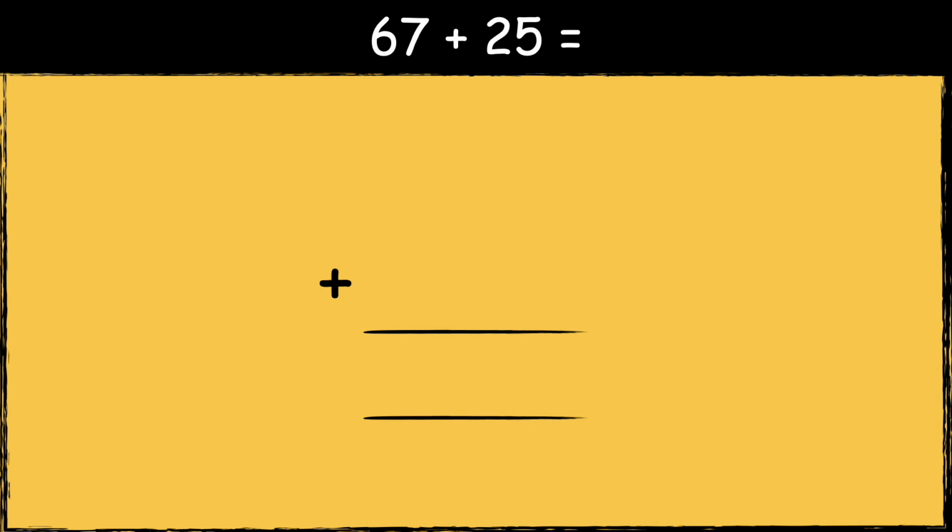Here's the next example. 67 add 25. Remember, we need to line the numbers up correctly. So we have 67 and 25. So now we're ready to add the digits in each column.